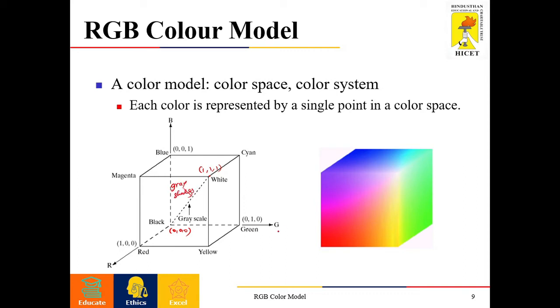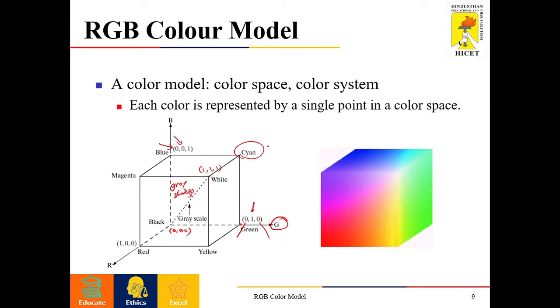On the horizontal axis is the green axis, where pure green has only the green shade. There is no red or blue component in green. Similarly, there is no red or green component in blue. The combination of any two primary colors will produce secondary colors.